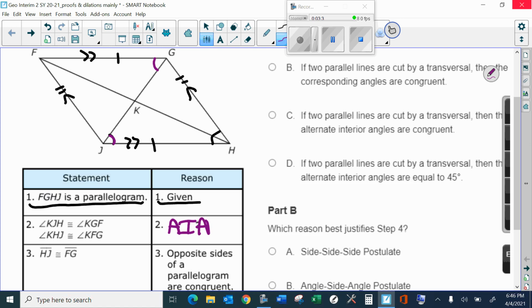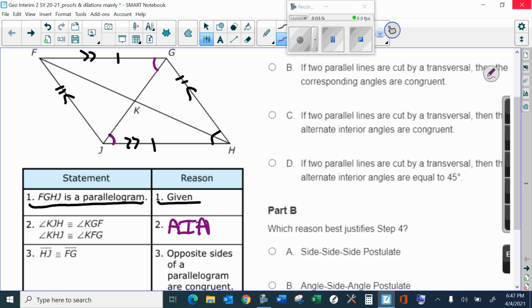I told you it's the most popular one when dealing with proofs. You rarely in proofs are going to see corresponding. The second most popular is corresponding angles are congruent. And then next would be same side interior angles are supplementary. And lastly, hardly ever in a proof, I don't know if I've ever seen it, alternate exterior angles are congruent. Okay, so you should have got that right away.